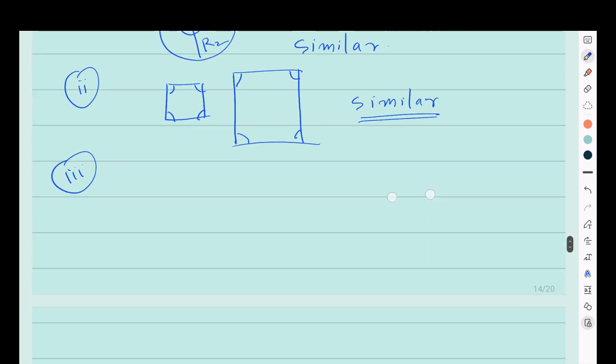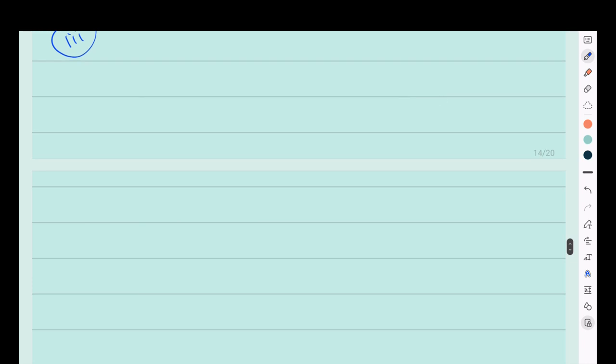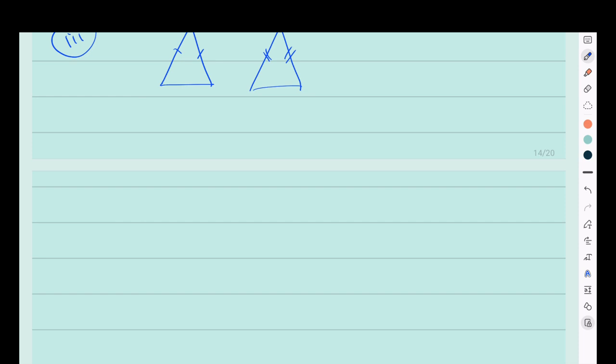Now let us think about what an isosceles triangle is. An isosceles triangle has two sides equal. So for any triangle, when two sides are equal, this one is equal to this, and in another triangle this one is equal to this, are these two triangles similar? Can you think a little bit? When two sides are equal, no, it is not satisfying any such condition, so it will not be similar, because the angles could be different.